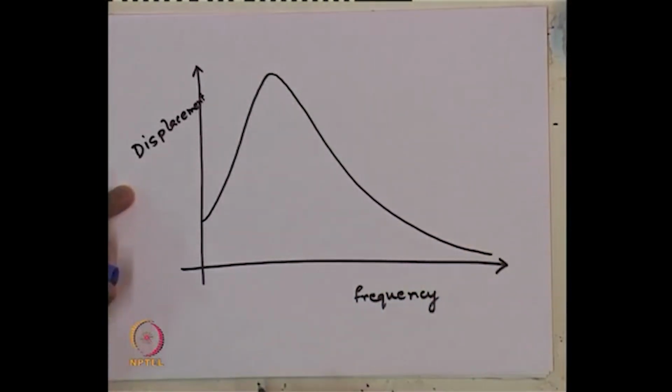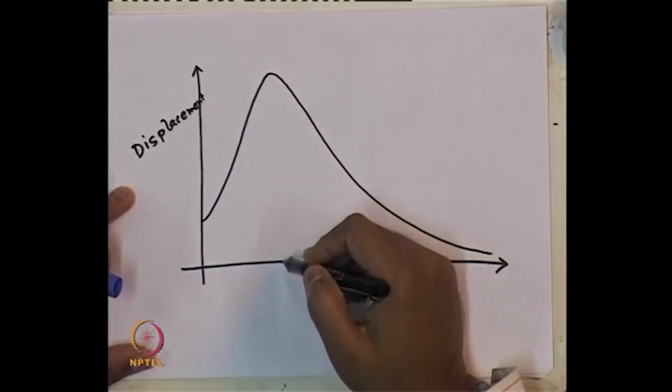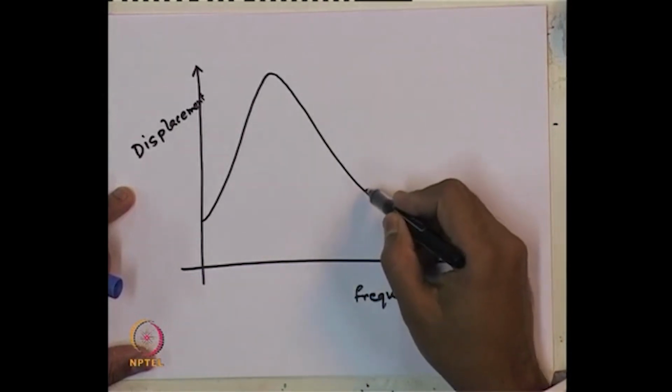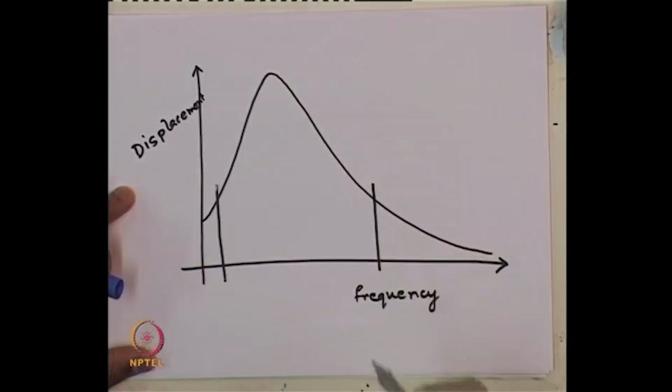Now, resonance occurs at this frequency. If you keep the operating frequency of the machine far away from this point, either here or here, it will be safe.